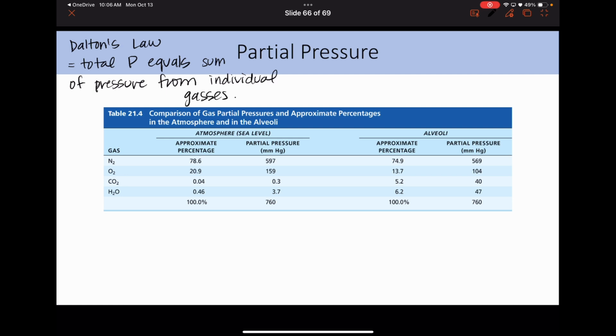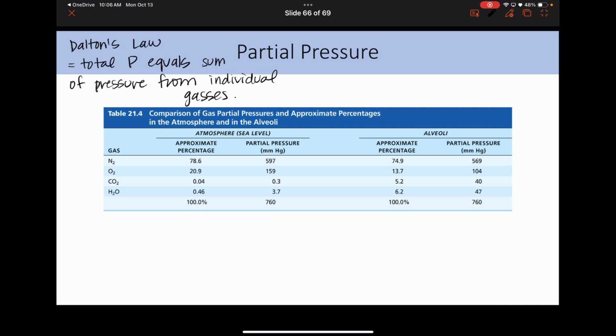Let me see where that is. Respiratory volumes. Yeah, so skip respiratory volumes on page 25, go down to Dalton's Law of Pressure on page 26.